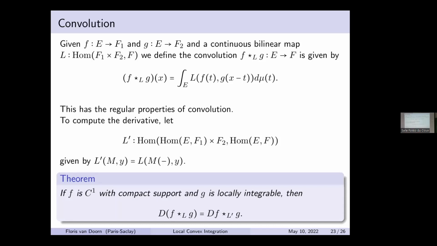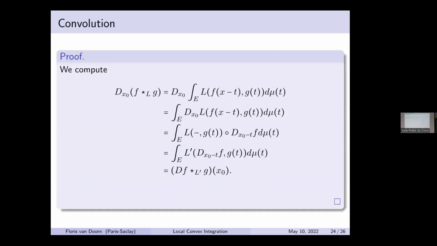So indeed, L prime has the correct type to take this convolution with. So this statement makes sense. It type checks, but we can actually also prove it.